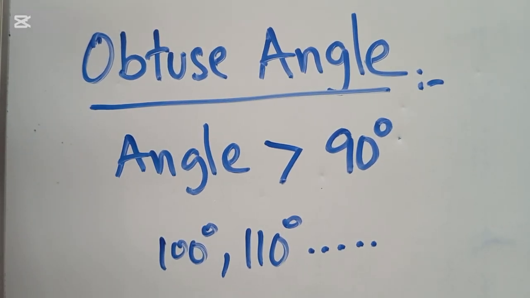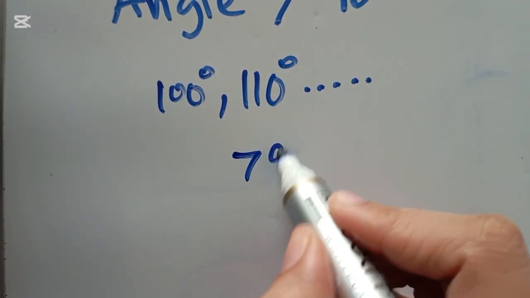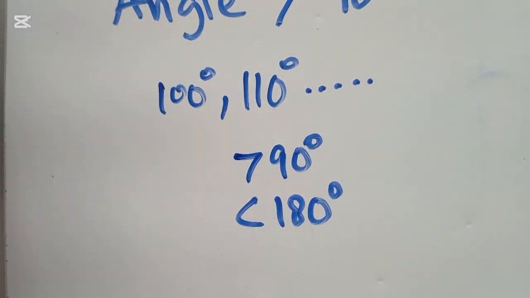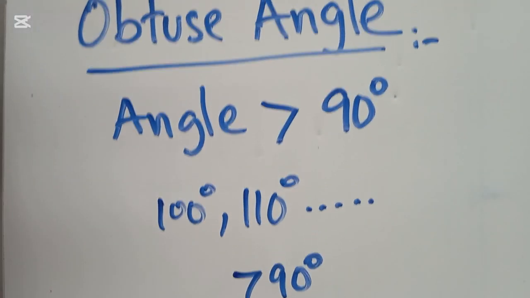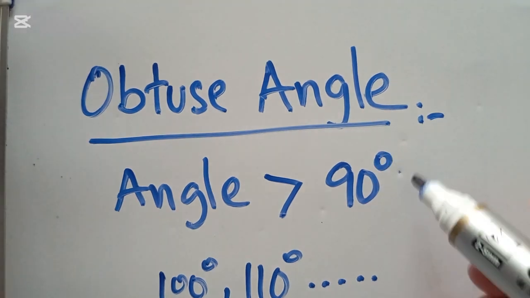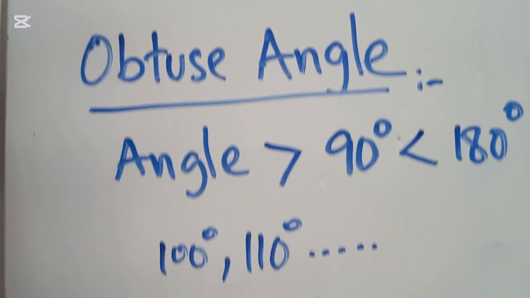Its value is not more than 180 degrees because there is a separate name for an angle whose value is greater than 180 degrees. So obtuse angle is an angle whose value is greater than 90 degrees and less than 180 degrees.